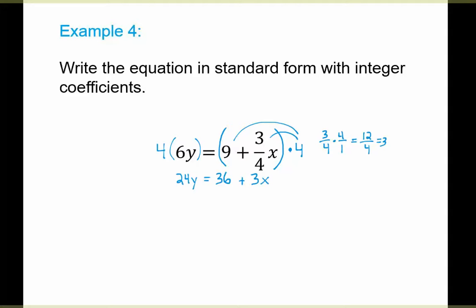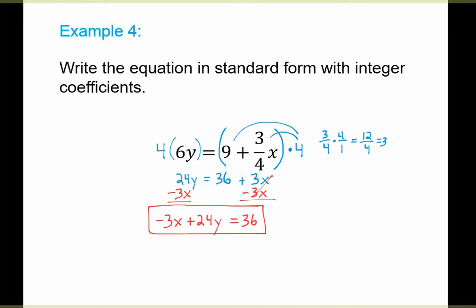Okay, is it in standard form? No, but it's really close. To get there, I'm going to take away 3x from both sides. And notice I end up with negative 3x plus 24y on the left equaling 36 on the right.